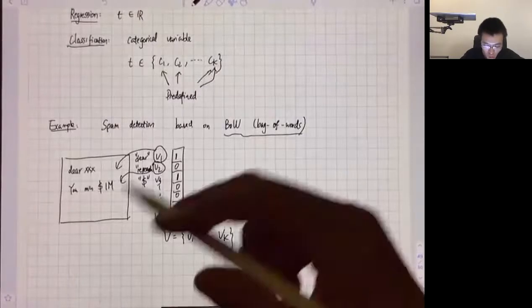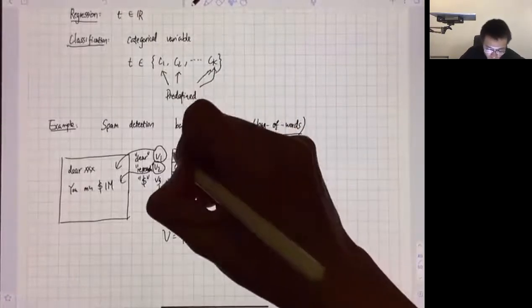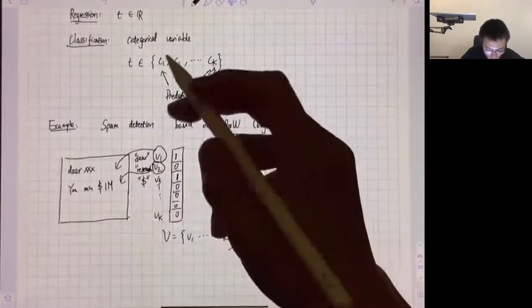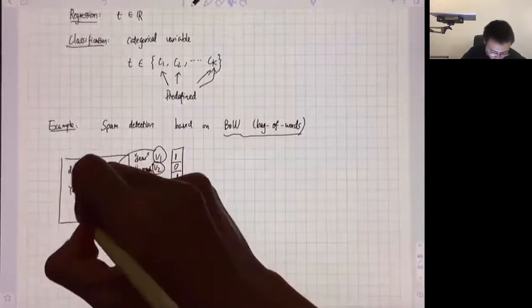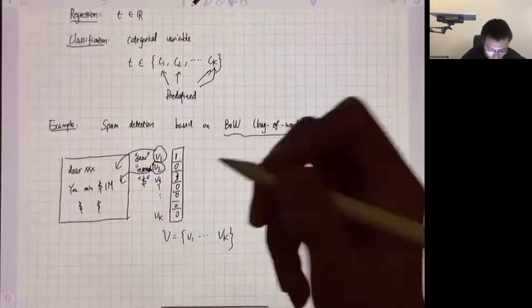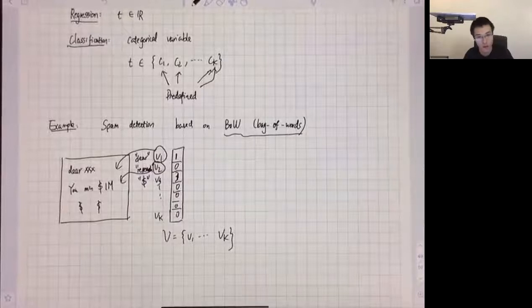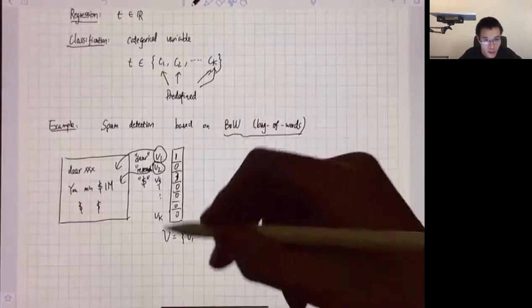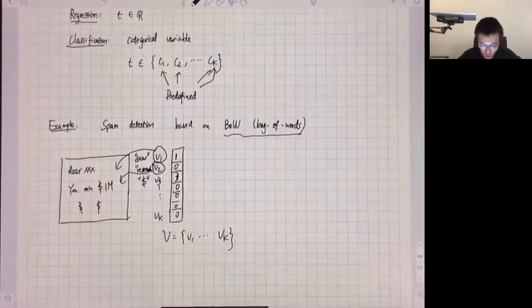But you can also do counting. For example, how many times does a word occur in this email? So "research" is 0, but maybe "dollars" occurs 3 times. So it's another type of bag of words feature. But the basic idea is you just consider the occurrence of the words in your vocabulary, and then you make it a feature vector.